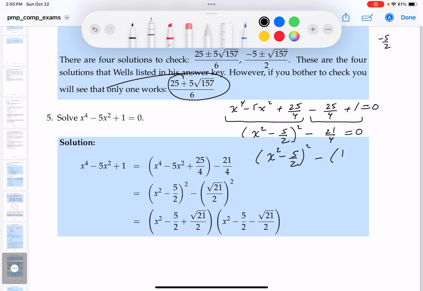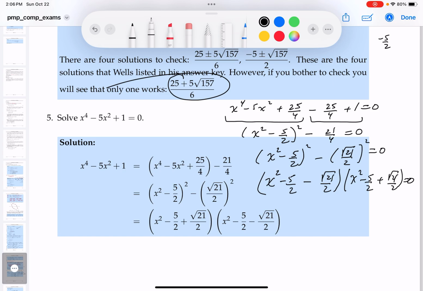A way to do that is to write this as the square root of 21 over 2, quantity squared. And what do you get there? You get x squared minus 5 halves minus root 21 over 2, times x squared minus 5 halves plus root 21 over 2, equals 0.